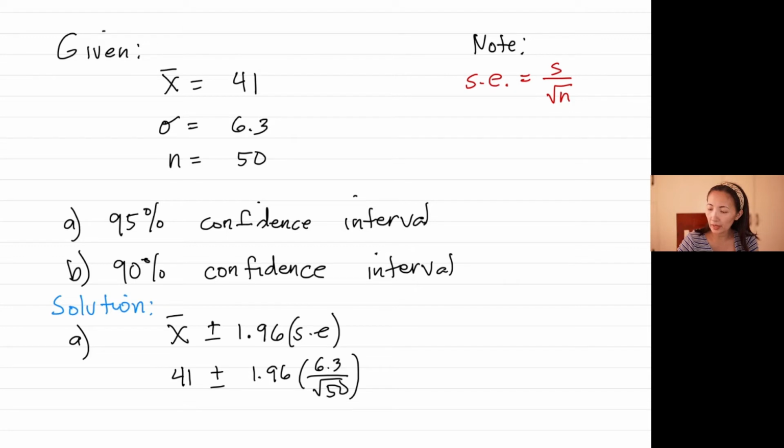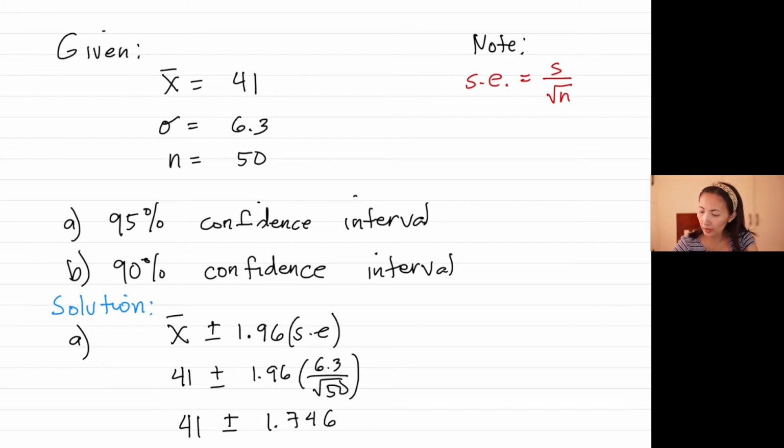Okay, let's simplify. 41 plus minus 6.3 divided by the square root of 50. 6.3 divided by the square root of 50 is 0.89, times 1.96 is 1.746.